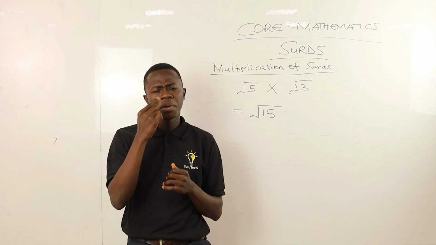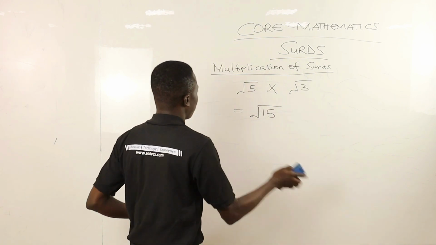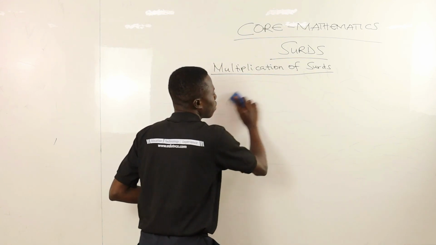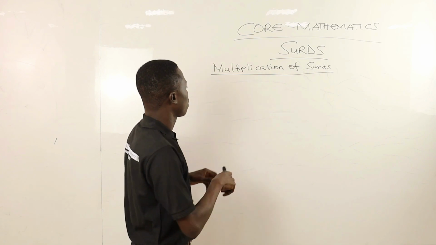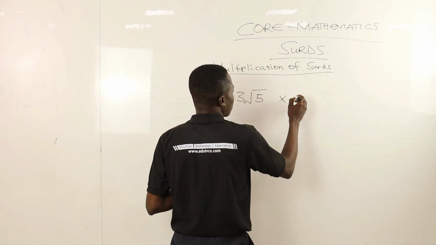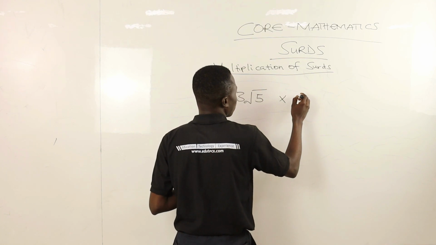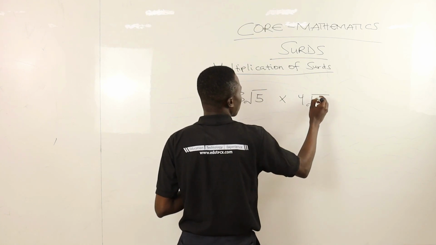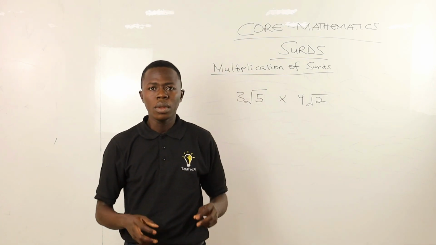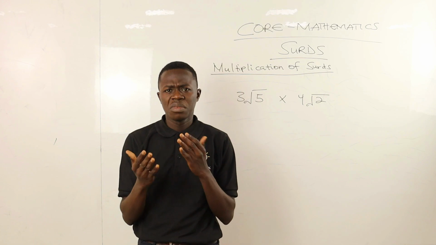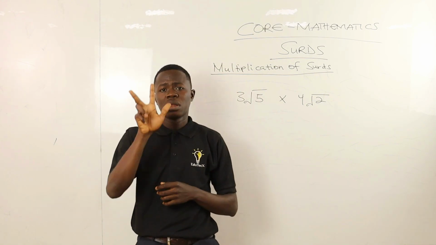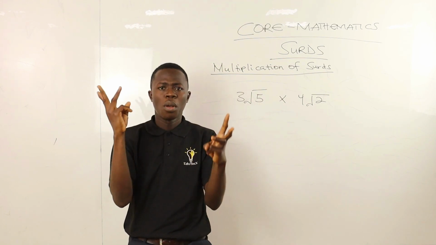Now let's take a look at another form of this question: 3 square root of 5 multiplied by 4 square root of 2. How do we work on a multiplication like this? Let's take our time.